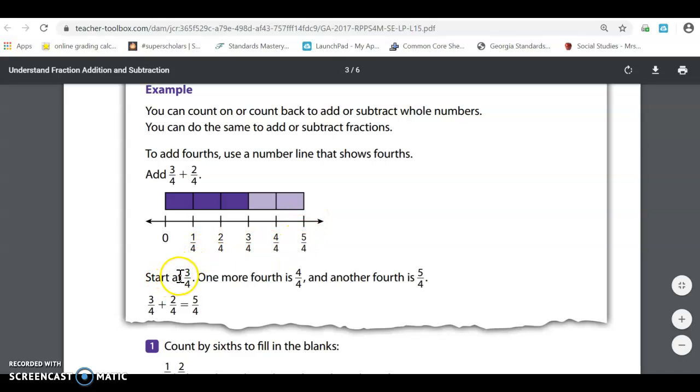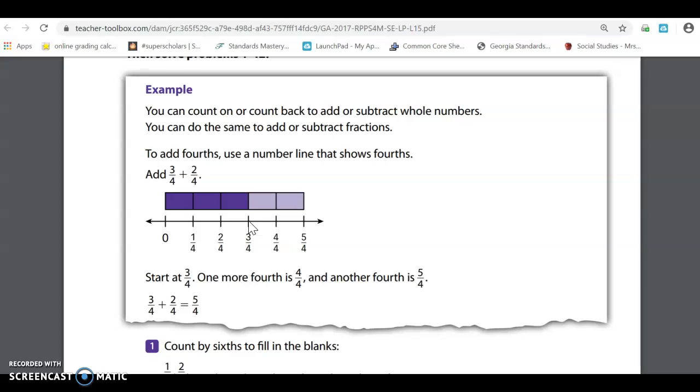It says start at 3/4. On my number line, this mark right here represents 3/4. It says 1 more fourth is 4/4. If I move over another fourth, it will put me at 5/4. So that lets me know that 3/4 plus 2/4 is equal to 5/4.